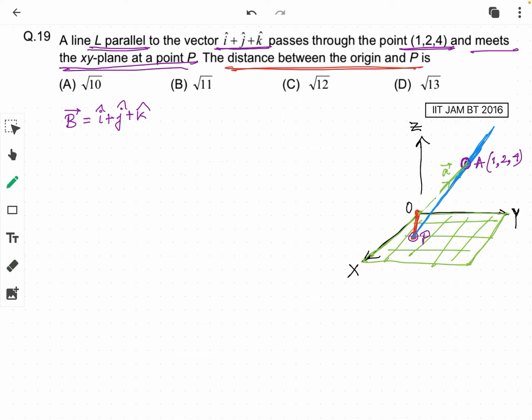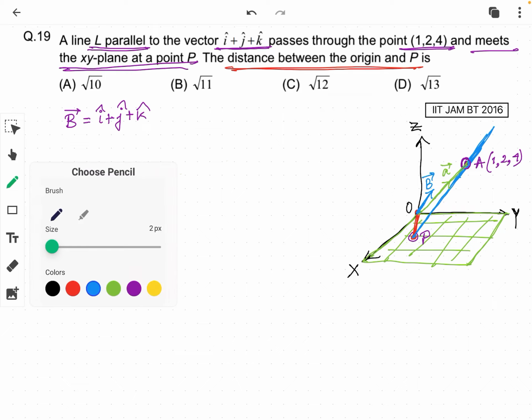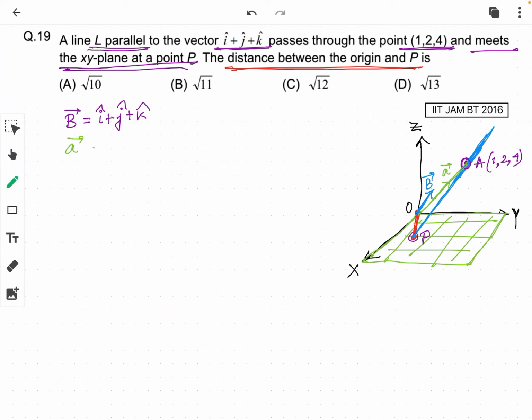Okay, I think I should shift it a little for clarification. So this is the position vector, this is the z axis, and this is the B vector which is parallel to line L. Now this small a vector, that is the position vector of point A, the coordinates of point A is 1, 2, 4.